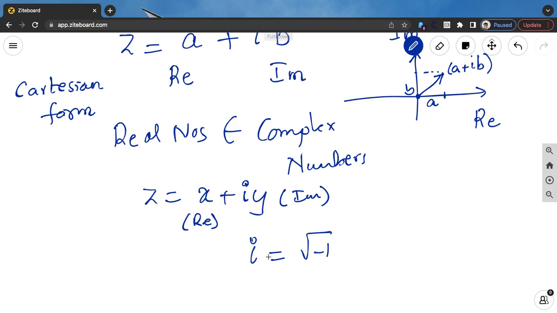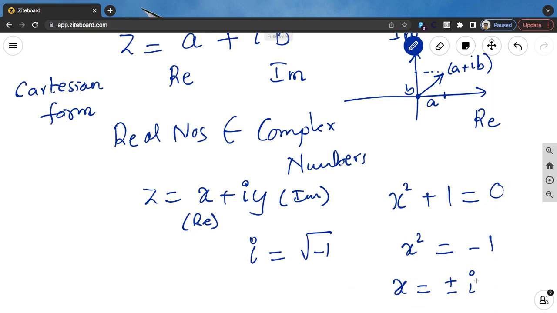Why have we introduced this? Because the whole idea of complex numbers came from the fact that quadratic equations of this form did not have a solution in the real number domain. So we said x square equal to minus 1 is not possible in the real number domain. But now in the complex number domain, I can think of x as plus or minus i.